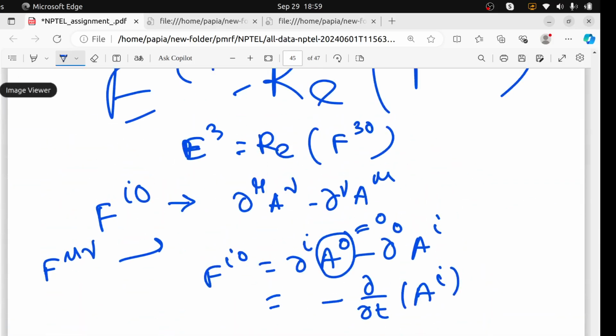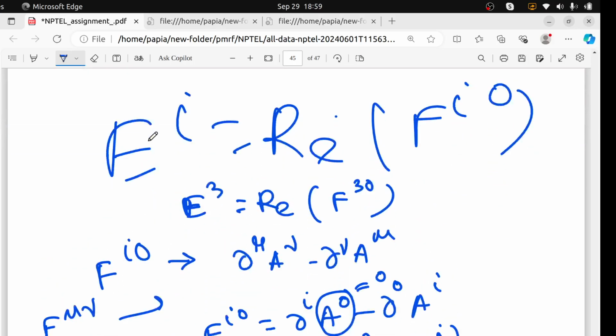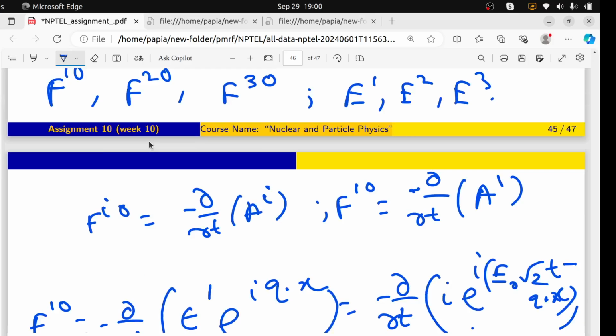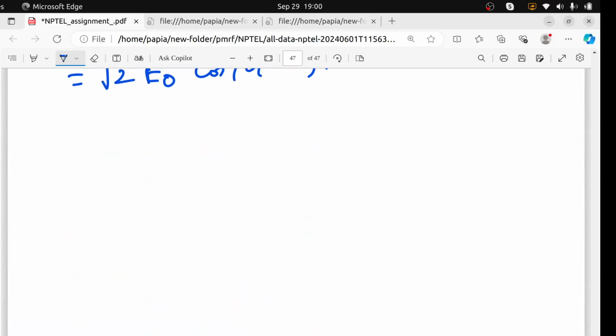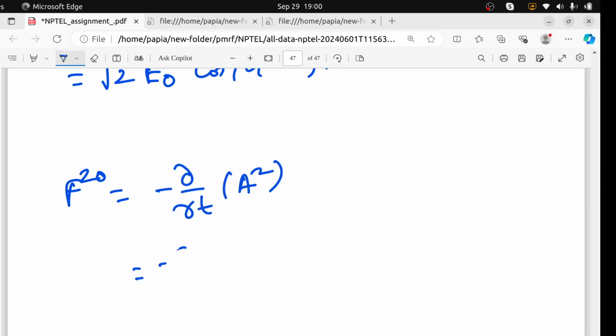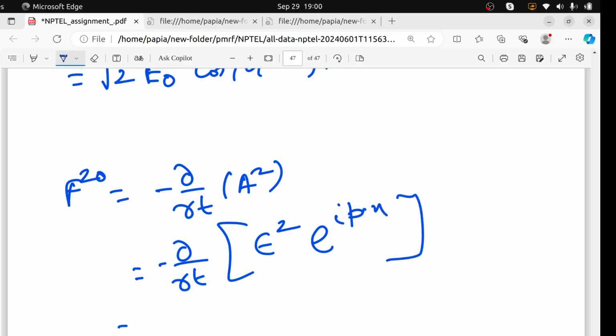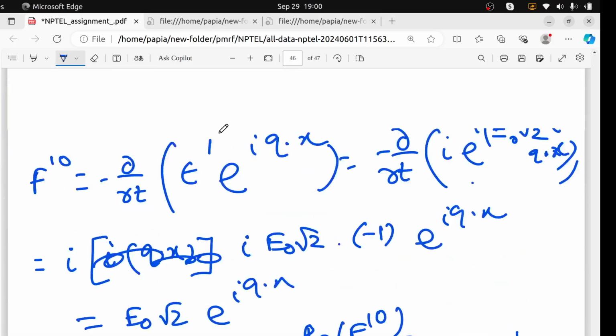I think the solution is already given, but still, A2 del of epsilon 2 e to the power I p dot x. Del of epsilon 2. Epsilon 2 is different, I think.